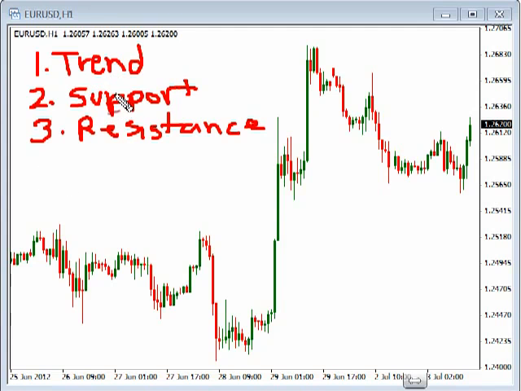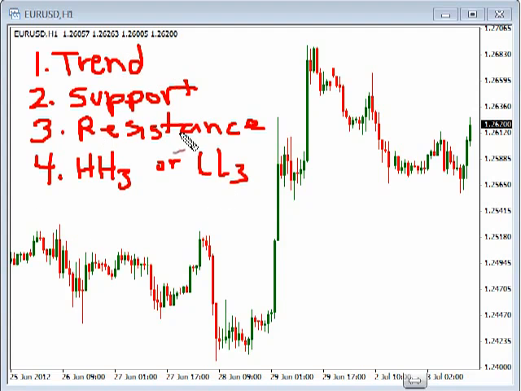Once we identify trend, support, and resistance, then we can start to look for where the HH3 in an uptrend would be, or if it's in a downtrend, the LL3, which is the lowest low of the last 3 versus the highest high of the last 3.